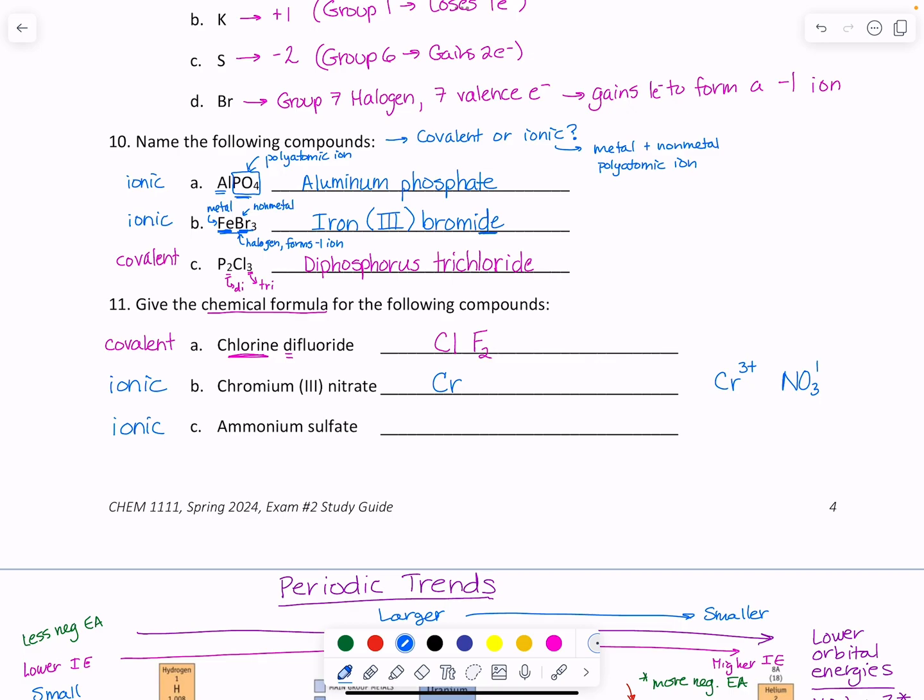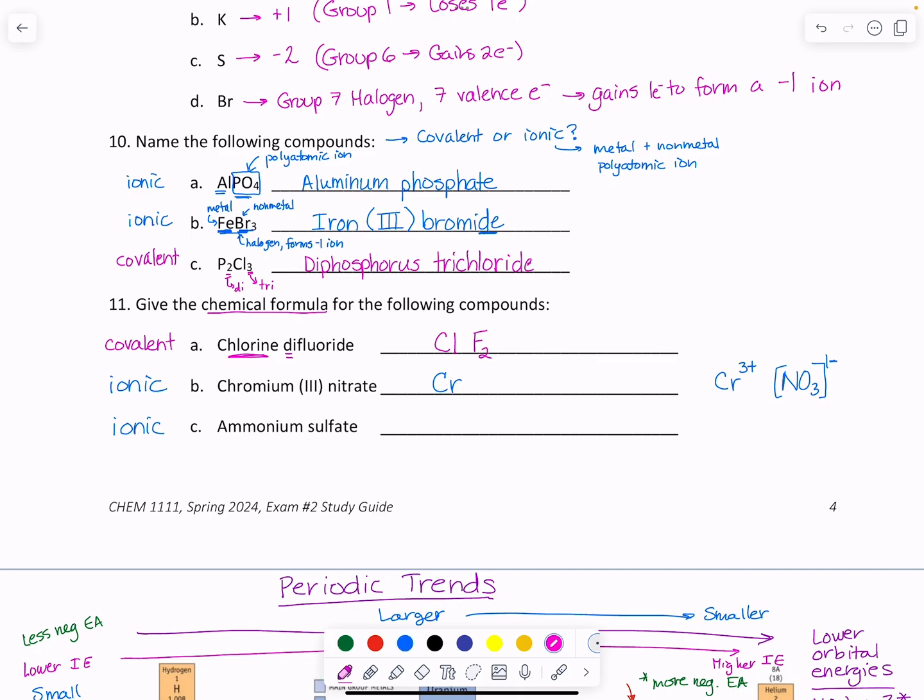So the charge on the NO3 ion is -1. I'm going to need how many of those to balance the chromium's charge? Remember, I will need 3 of those. If I have 1 minus, then I will need 3 minuses to balance 3 pluses.